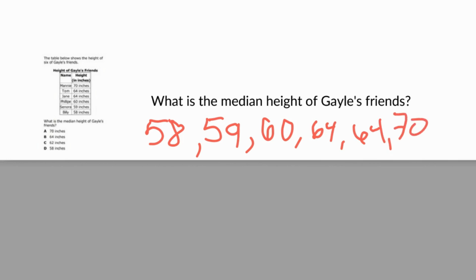Make sure you have the correct amount of numbers. 1, 2, 3, 4, 5, 6. Good. So remember, your median is your middle number. If I were to cross out one from the left, one from the right, one from the left, one from the right, we're in the same situation as the previous problem. We have 2 in the middle.